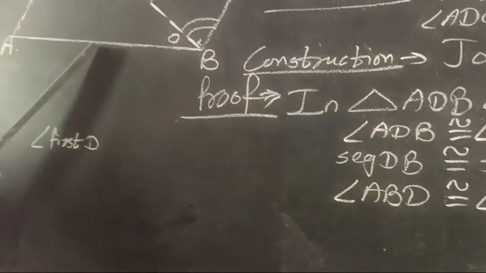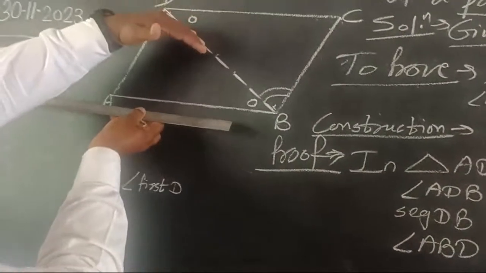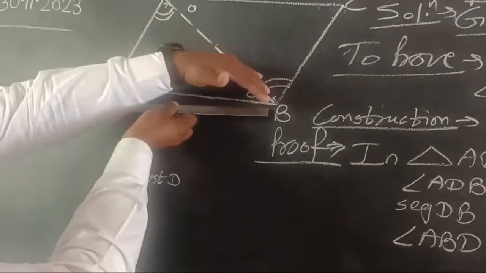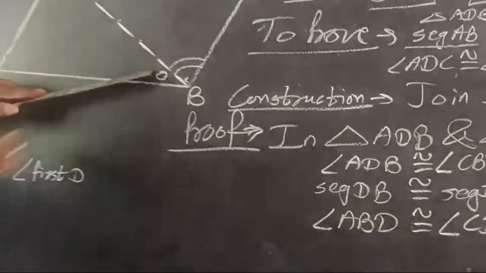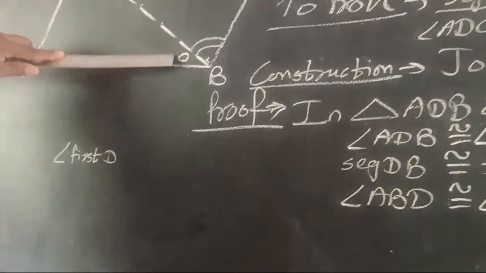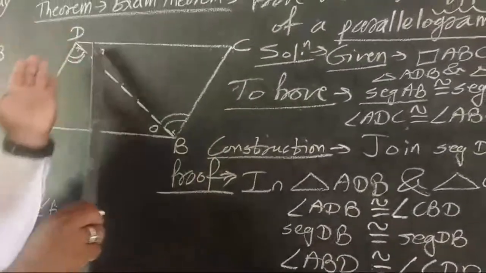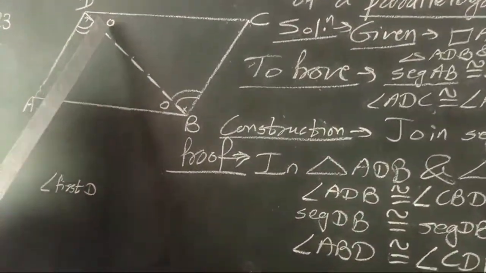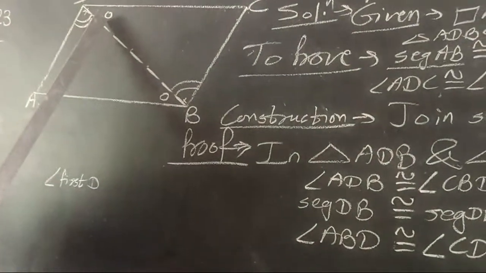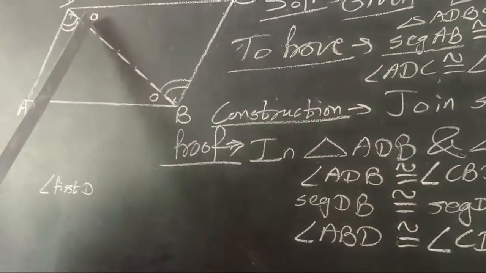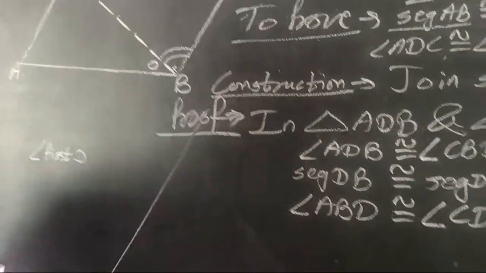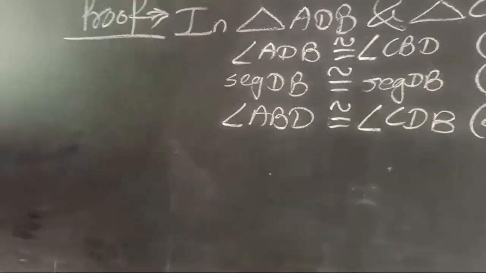This line and the transversal meet together at B, and this parallel line and the transversal meet together at D. Which lines are parallel?